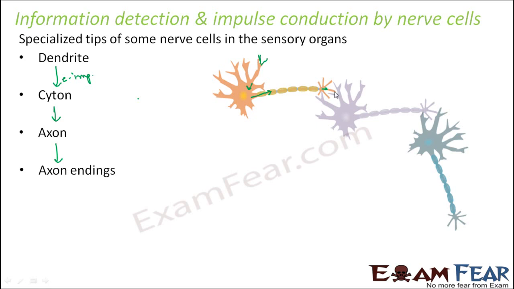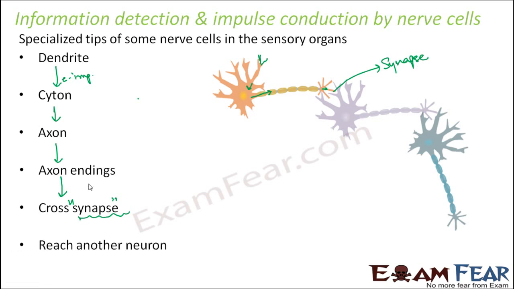They will cross this boundary and reach another neuron. From the axon endings, it will cross the synapse. What is a synapse? Synapse is the junction between the nerve ending of one neuron and the cell body of the other neuron. This junction is known as synapse. Now it will cross the synapse and reach another neuron.